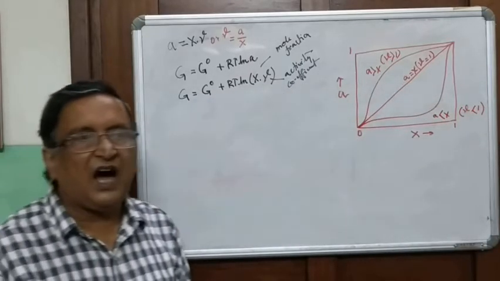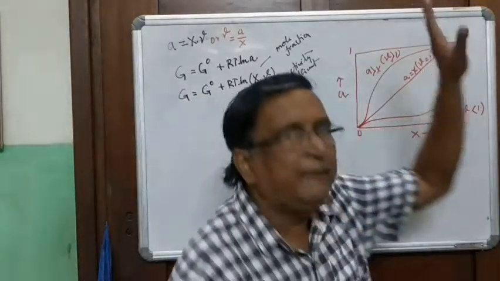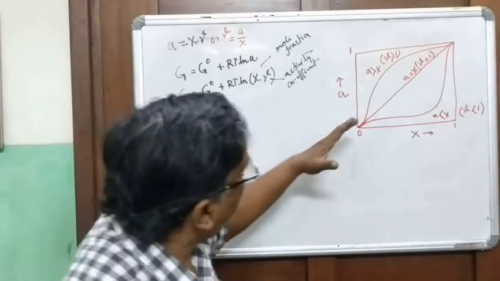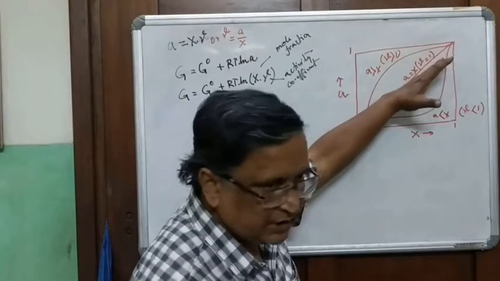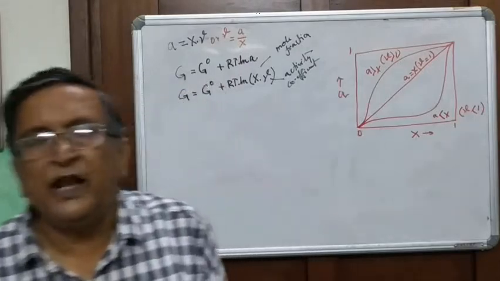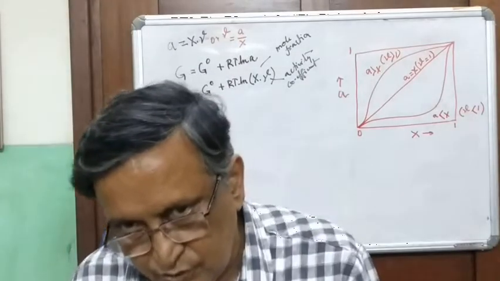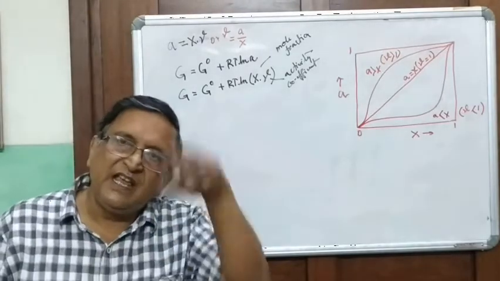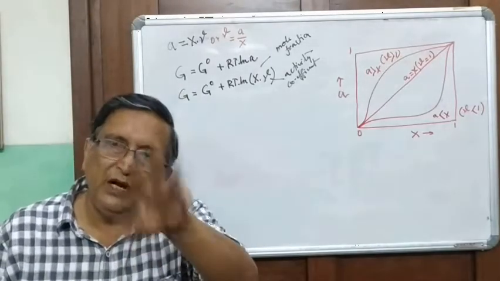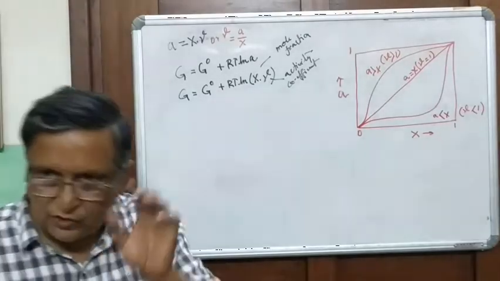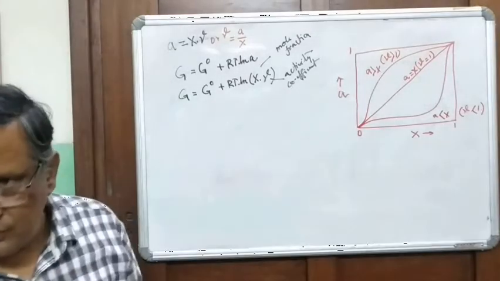Right? It can become very complex, but these are two end-member things. One is called ideal solution, and the other, any other variation, is called a non-ideal solution. Non-ideal solution means gamma is not equal to 1, or A is not equal to x.